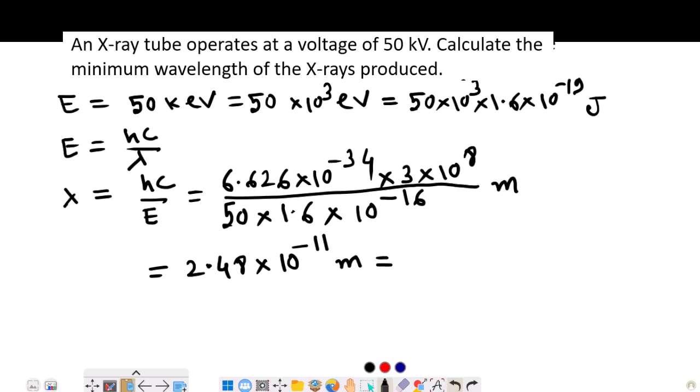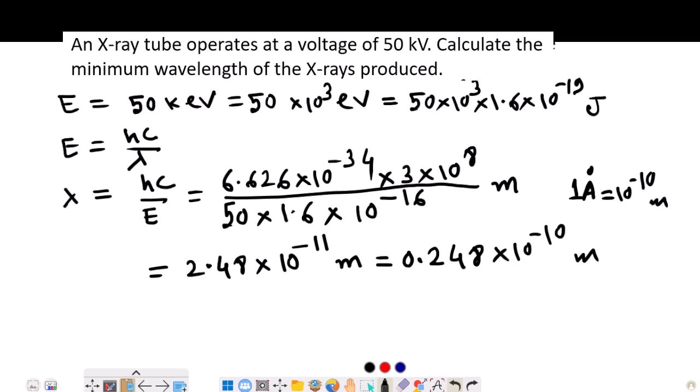Now if we convert this unit, meter, to angstrom, we know that 1 angstrom is equal to 10^-10 meter. So this is equal to 0.248 × 10^-10 meter.